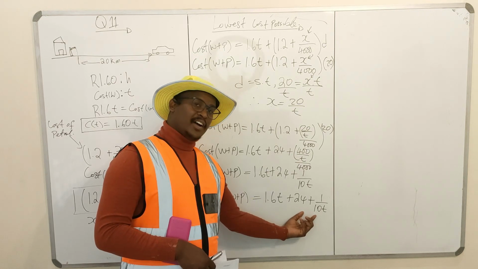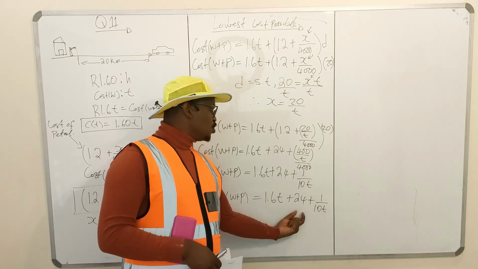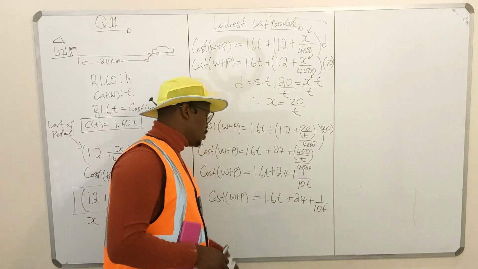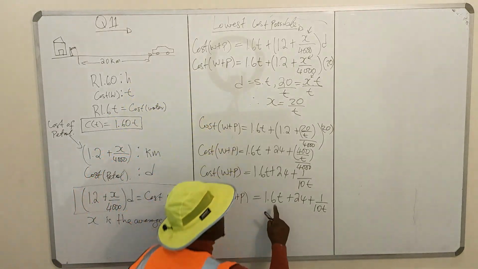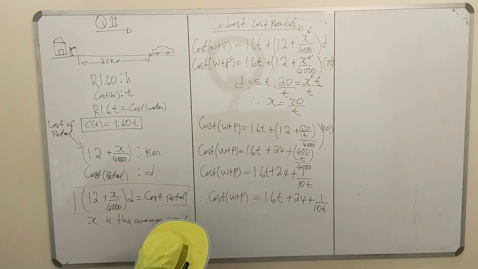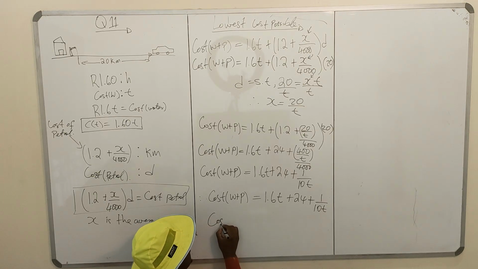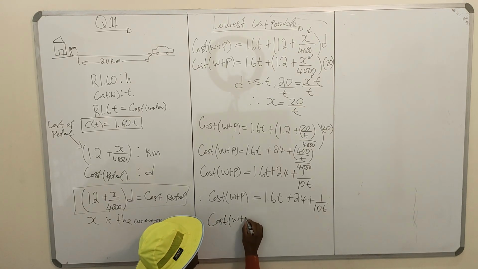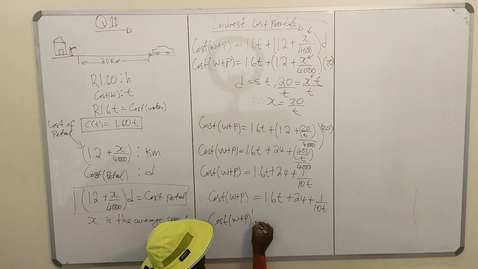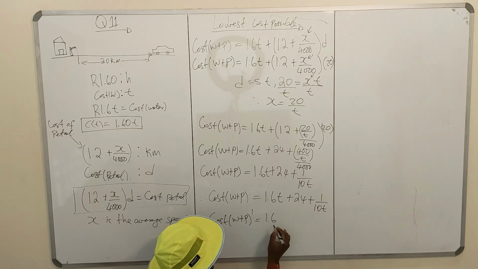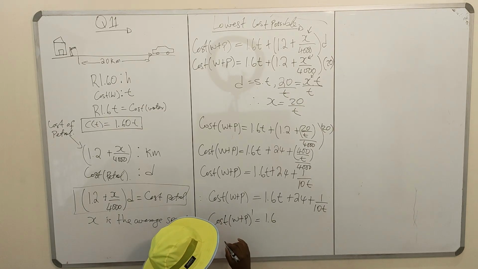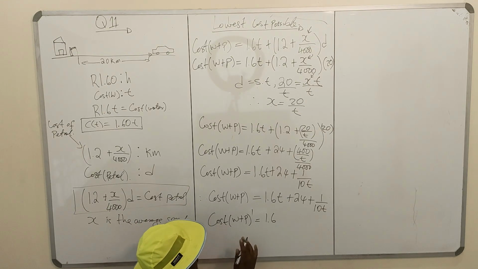So you have to derive this, equate to 0 and solve for t. So the cost of water plus cost of petrol, the derivative of it is equal to 1.6. Actually, you won't be able to derive until you sort that situation out.